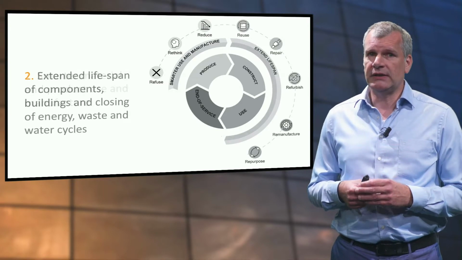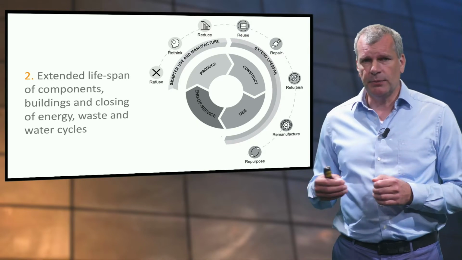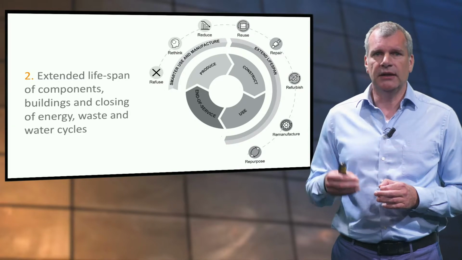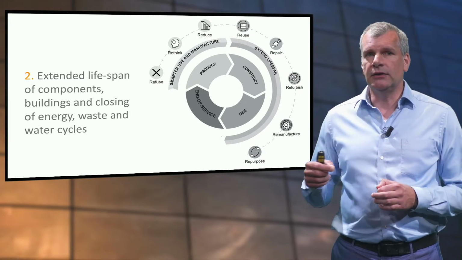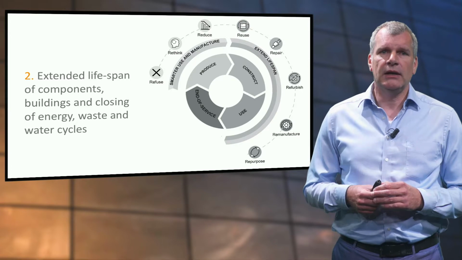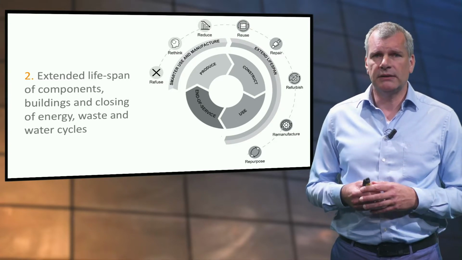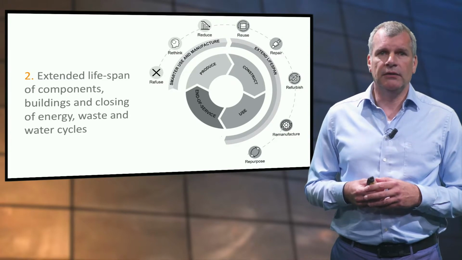There are 5 strategies to extend the lifespan of components, buildings, and closing the loop of energy, waste and water cycles during the construction and the use phase. It includes the strategies reuse, repair, refurbishment, remanufacture, and repurpose.